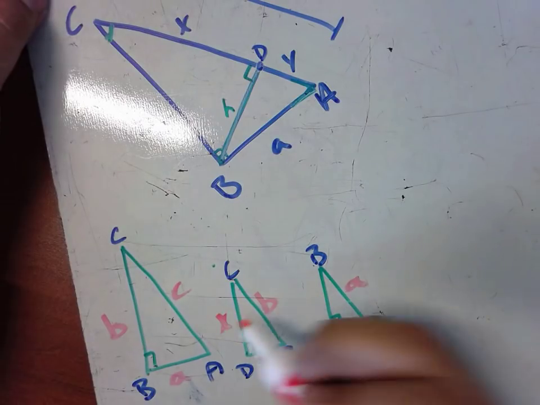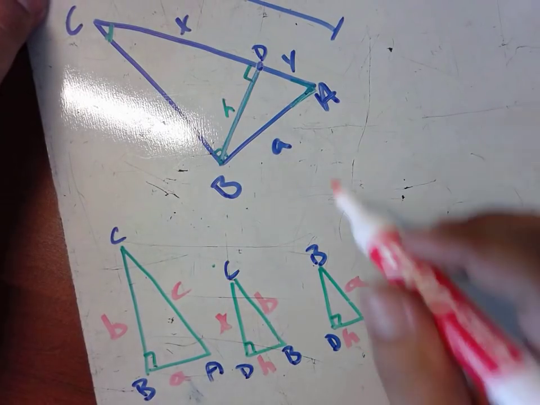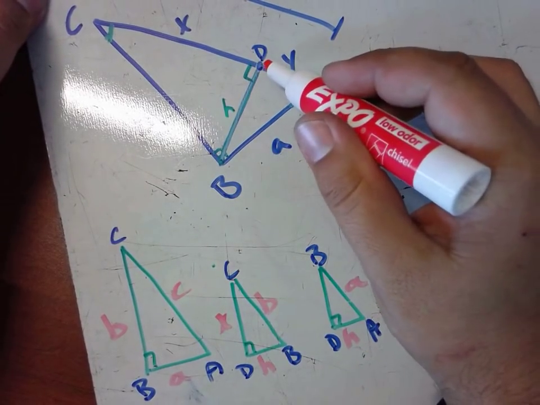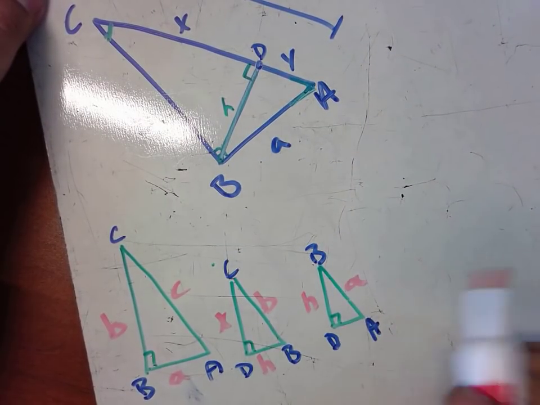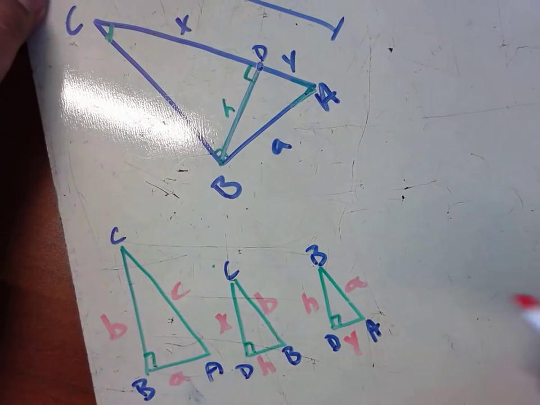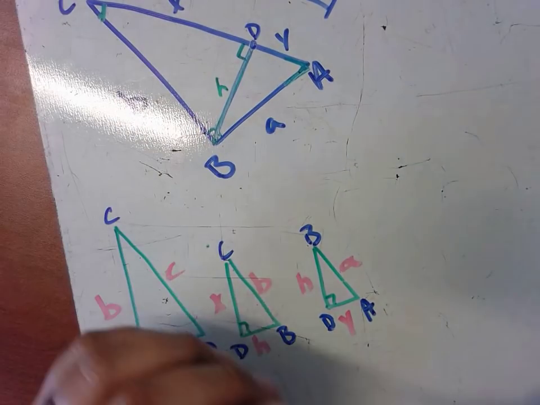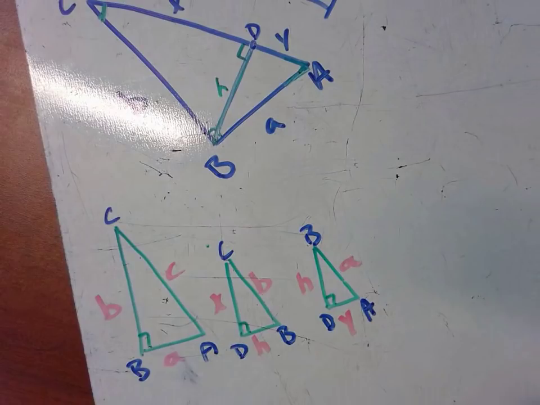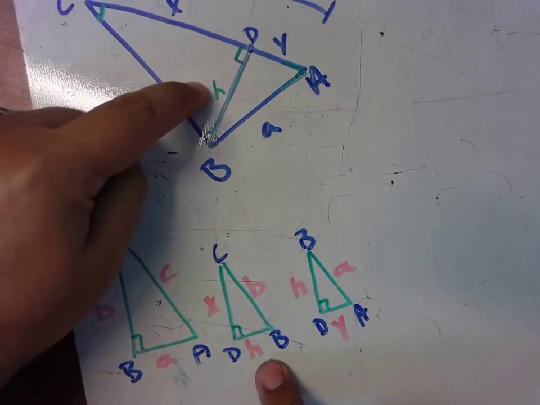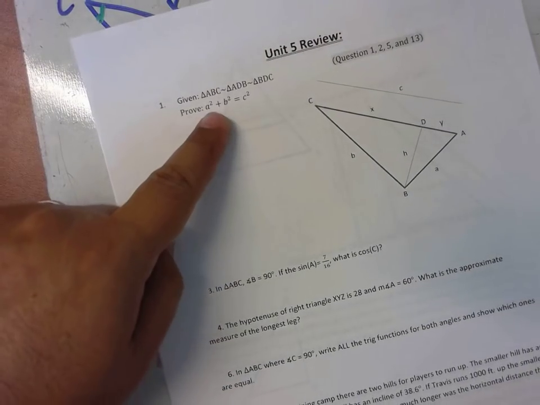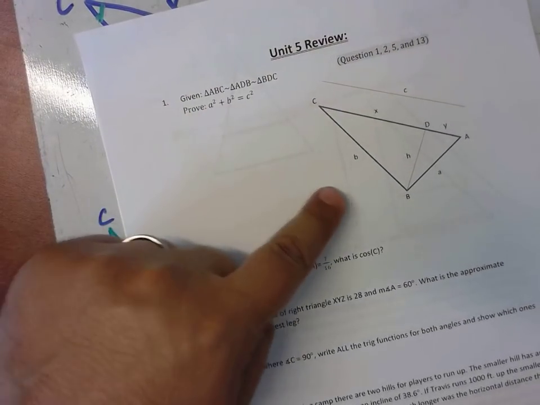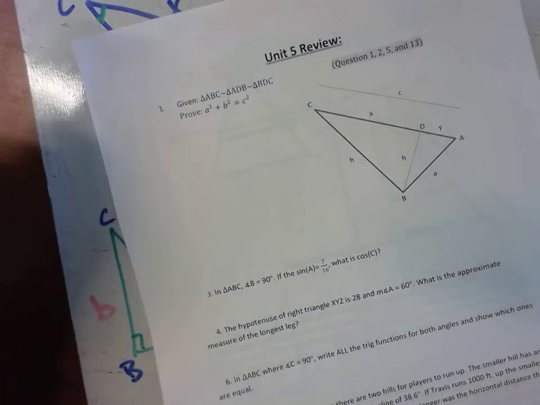CD is X. And BD is H. This is H. DA is Y. I'm going to set up a ratio of the sides, but I'm not going to use H. H is inside the triangle. I don't care about inside the triangle. I'm trying to prove A squared plus B squared equals C squared, which is all the outside of the triangles.